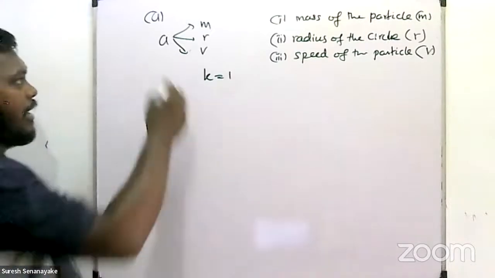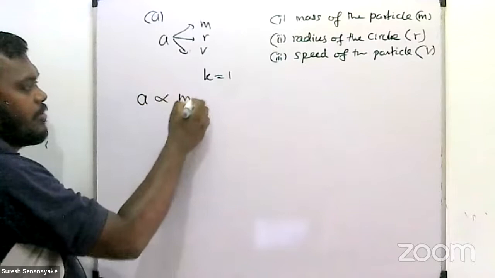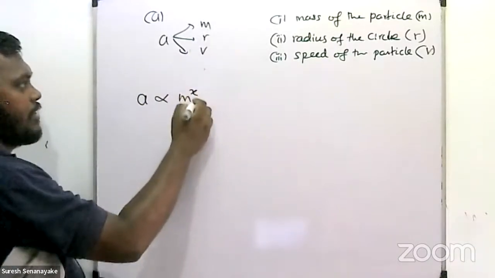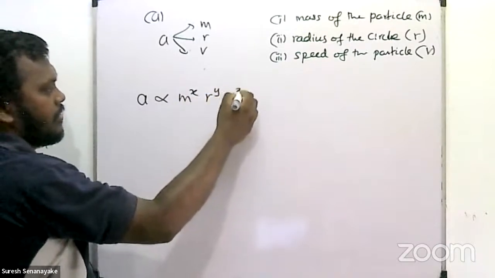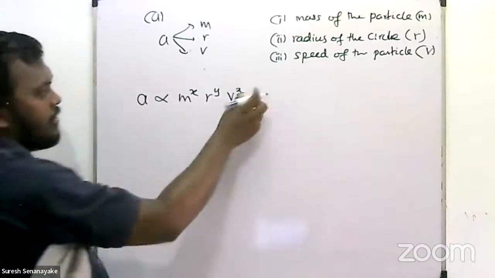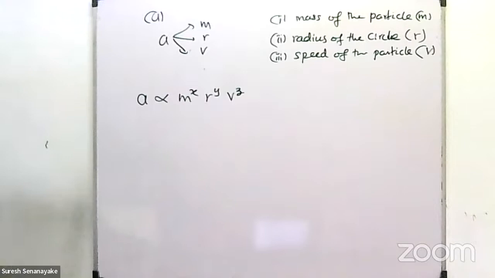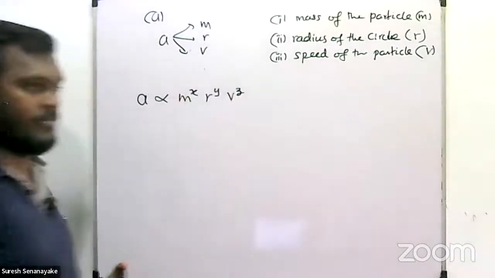You can take this as A is proportional to m to the power x, r to the power y, and v to the power z. You can take any powers. Give me the values of x, y, z.